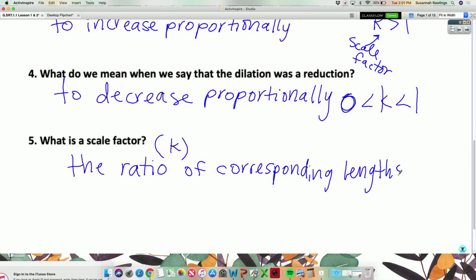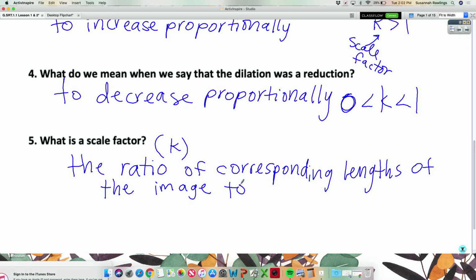Do you guys remember that word corresponding? We've heard that lots by now. Okay. Just means the matching sides, basically. The ratio of the corresponding lengths of the image to the pre-image.